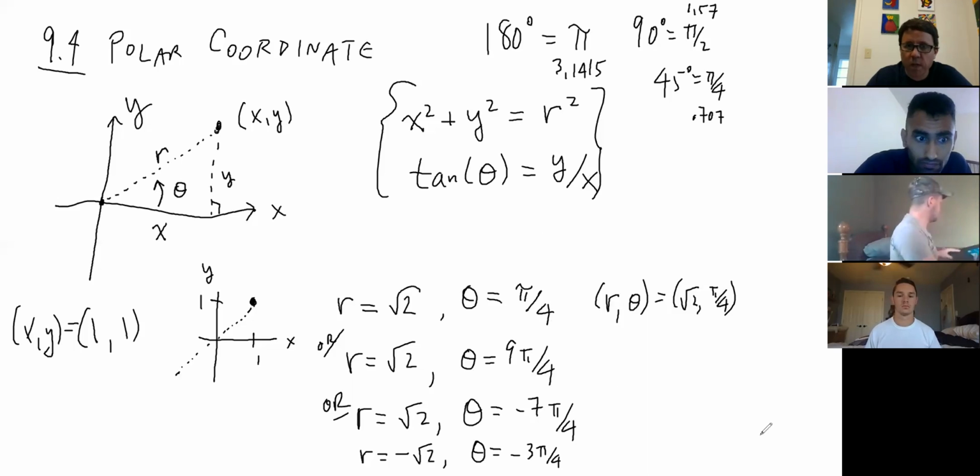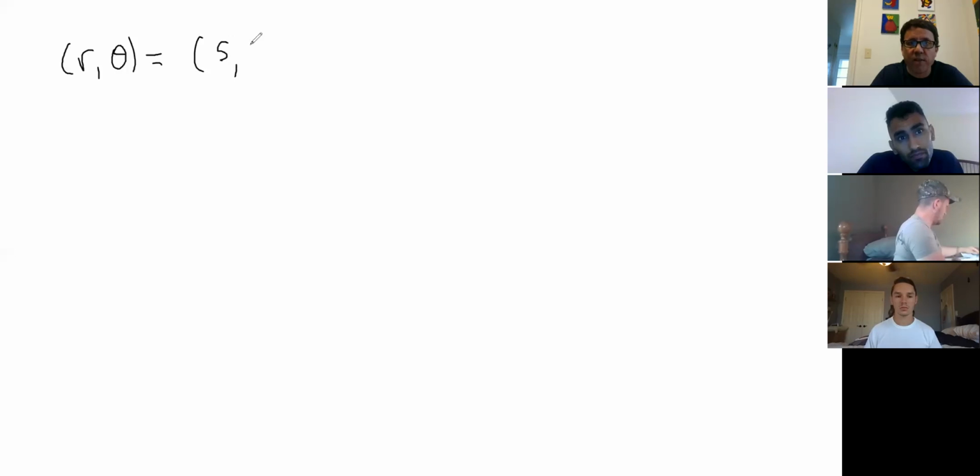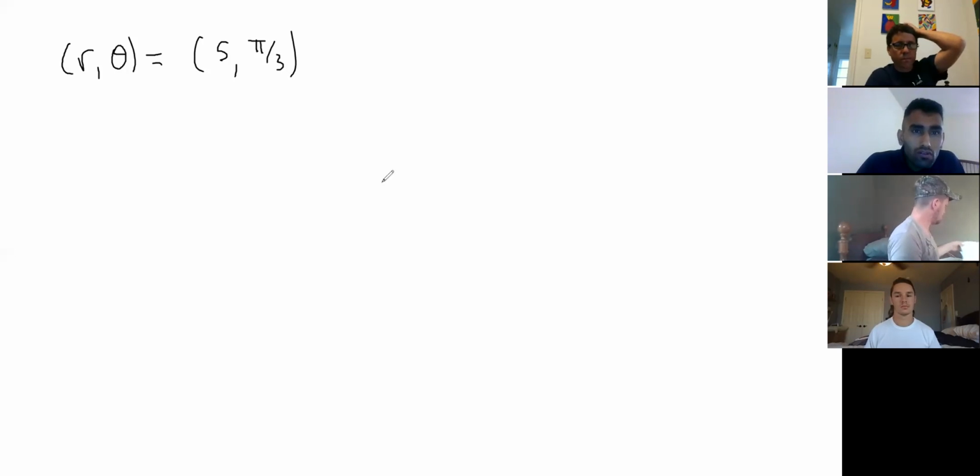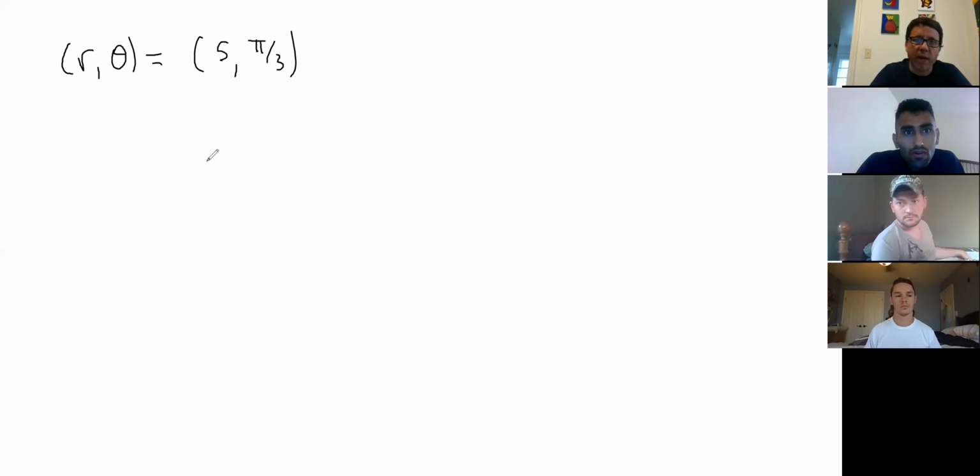So anyway, we have that. If I wanted to go backwards, I could just convert that. If my r, theta was, let's say, the radius is 5 and the angle is pi over 3, and we want to go back the other direction.